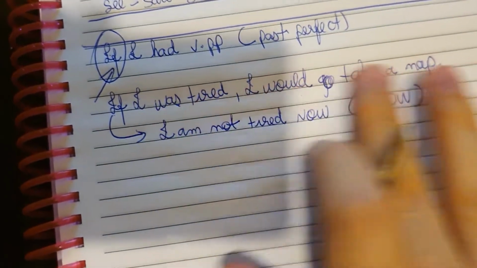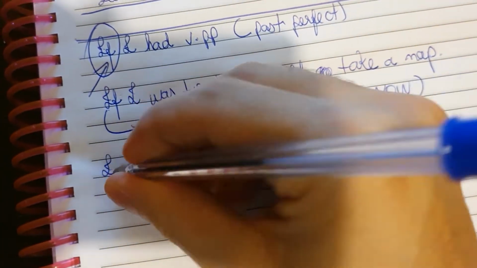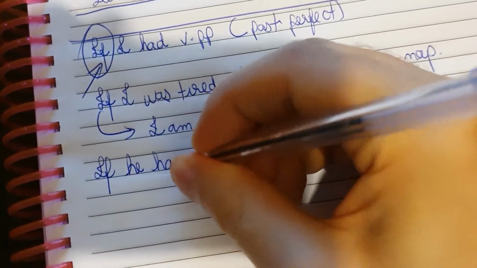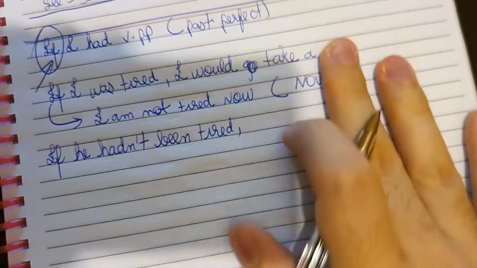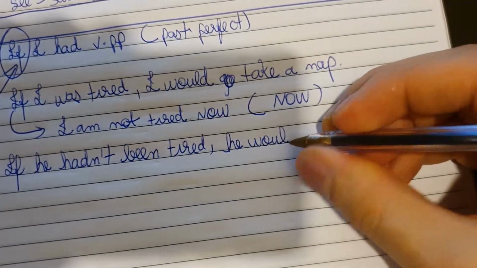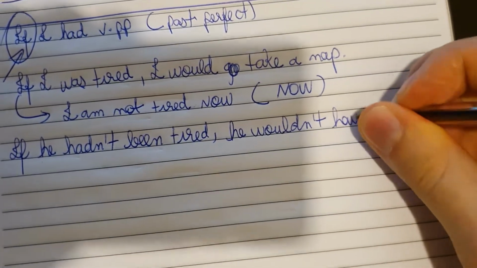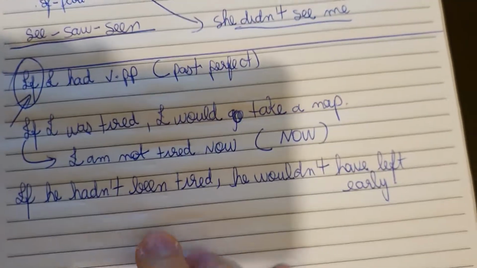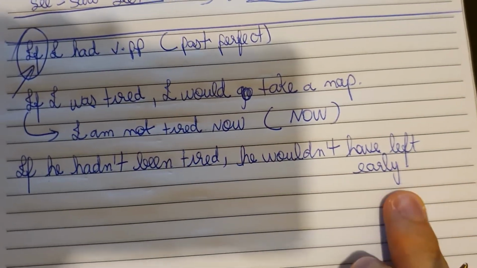And then let's compare the sentence to another structure here. If he hadn't been tired, he wouldn't have left early. Okay, so if he hadn't been tired, he wouldn't have left early.